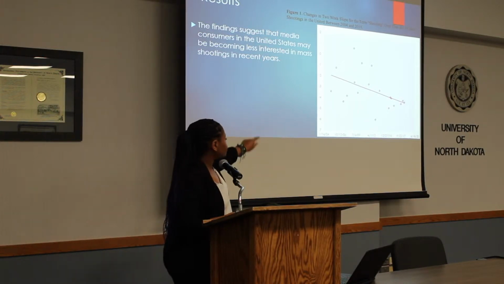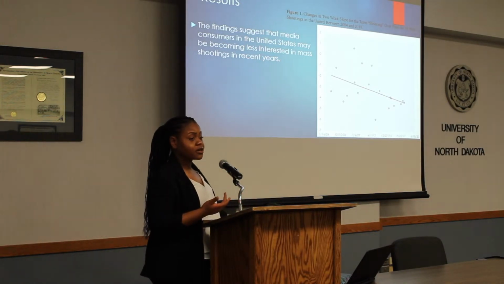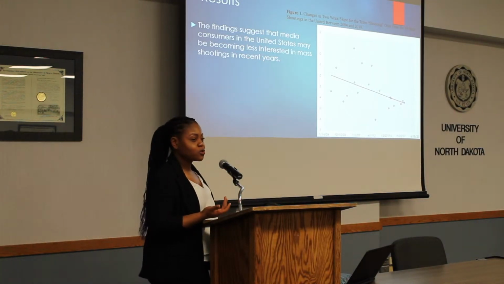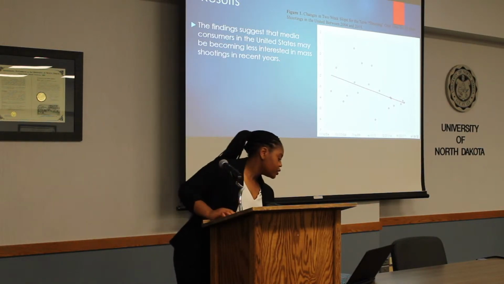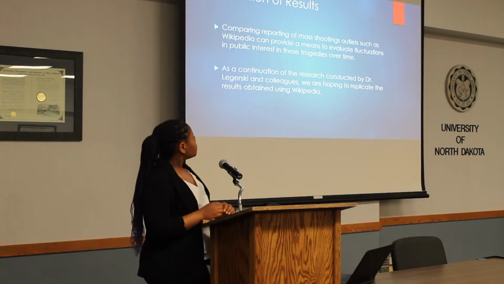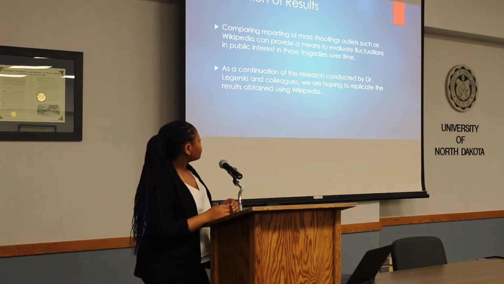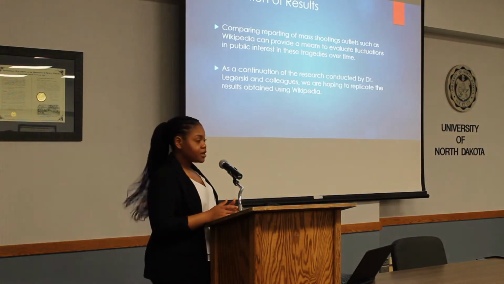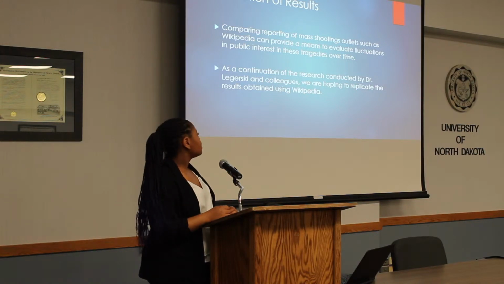And as you can see, as time goes on, less and less searches for shootings are happening, so people are using Google less to search for the term shooting. And then we hope to replicate the results with Wikipedia, so we will be comparing reporting of mass shooting outlets such as Wikipedia, and that can provide a means to evaluate fluctuations of public interest in these tragedies over time.